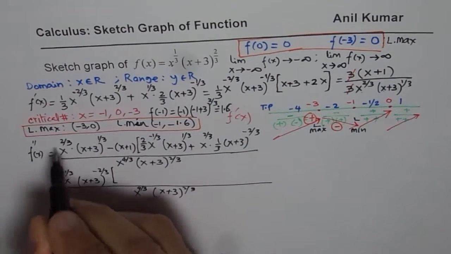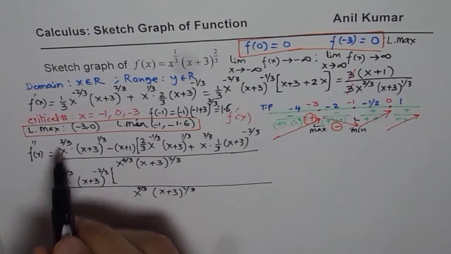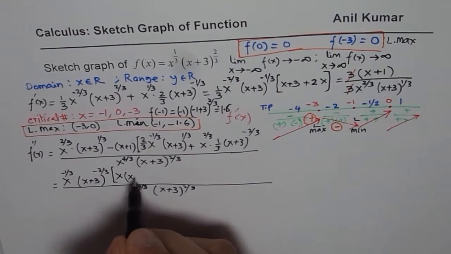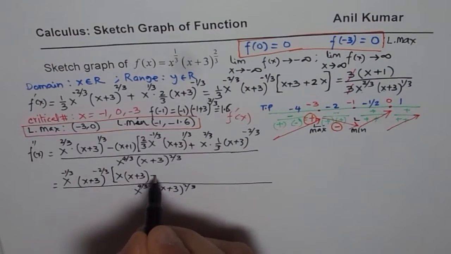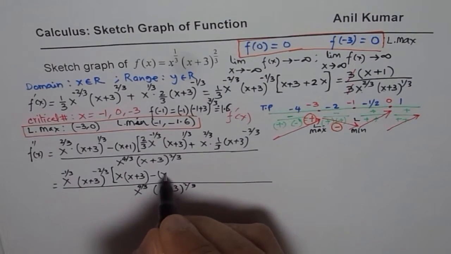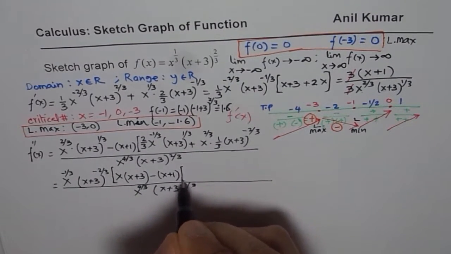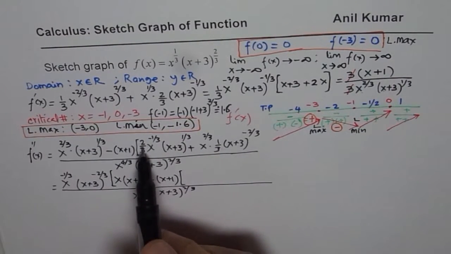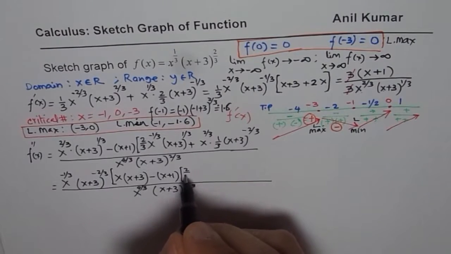Okay. So we're left with, since we have taken 1 over 3, we're left with x here, and here we get times x plus 3 minus, we have x plus 1 within brackets. We have taken 1 over 3 common, so we're left with 2 over 3 here. Okay, let me write 2 over 3.